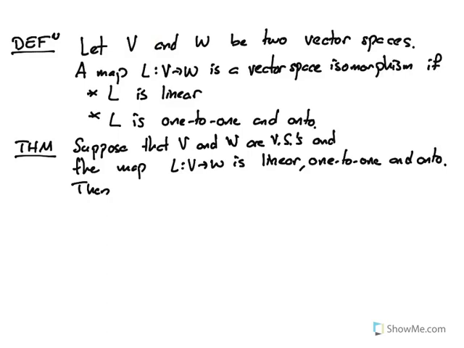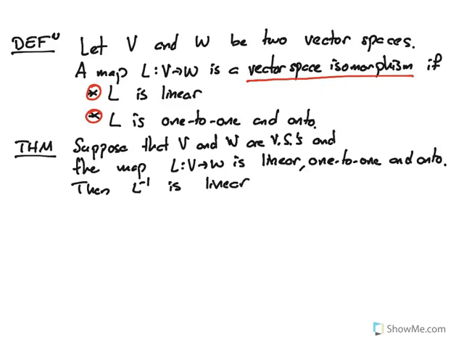And then let L be a map that takes you from V to W. And this map is a vector space isomorphism if it is linear and it's invertible, which we typically express as saying that it's one-to-one and onto. And now the interesting thing is that if you assume these two things, then it turns out that the inverse is automatically a linear map. Then L inverse is linear.